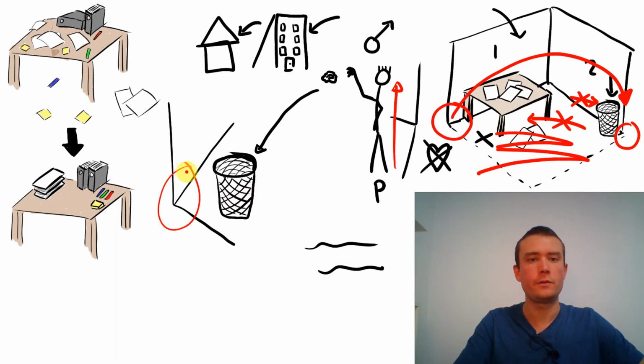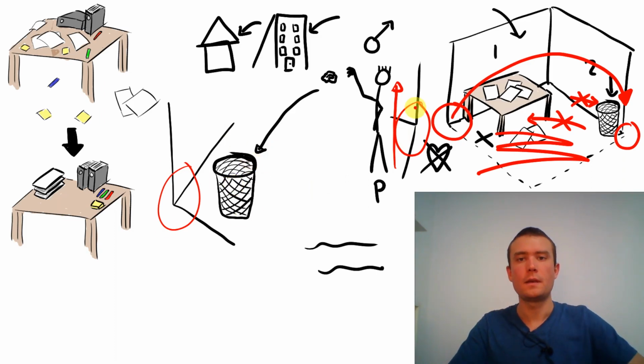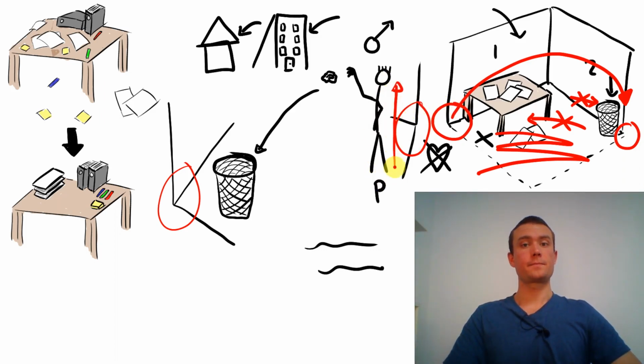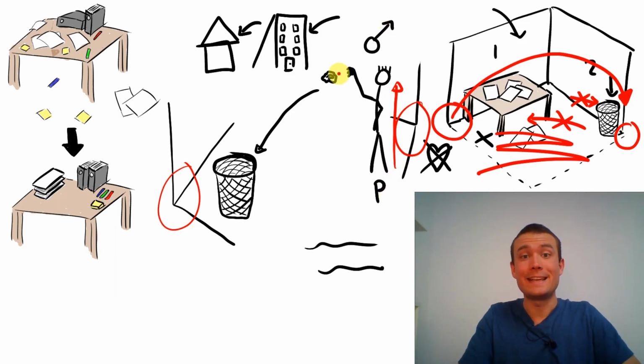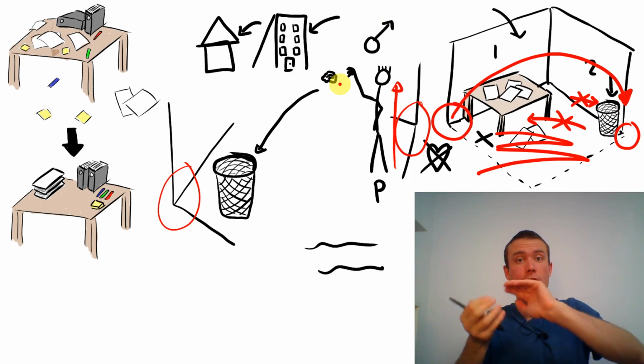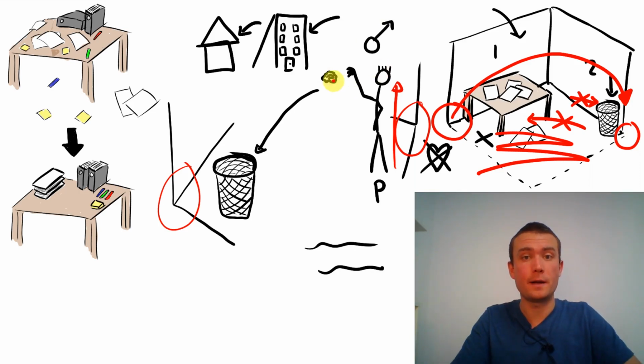Here are the two corners of the room. In one corner is the bin. In another corner is Philip standing, and Philip's gonna try to get the scrunched up pieces of paper into the bin.